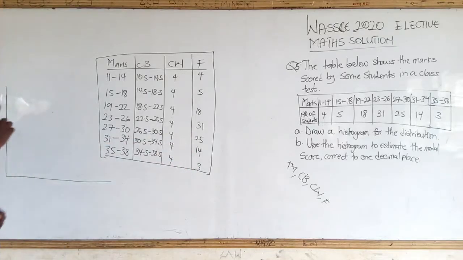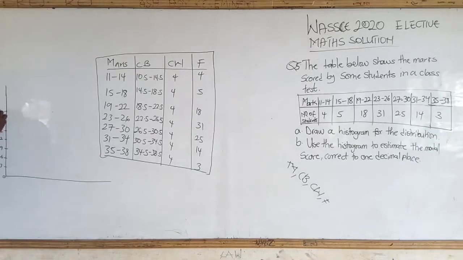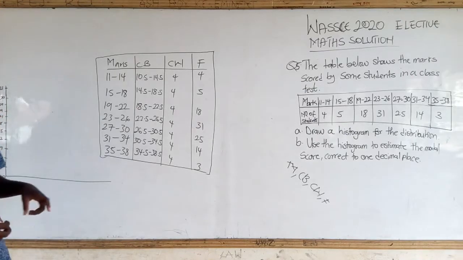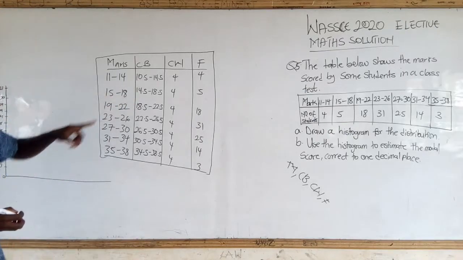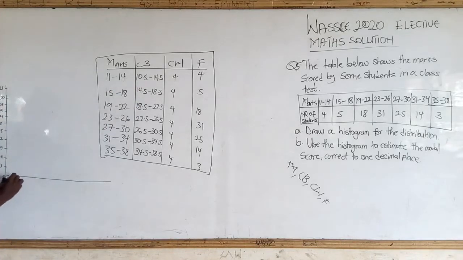So I'm starting from 0, 3, 6, 9, 12, 15, 18, 21, 24, 27, 30, and 33.